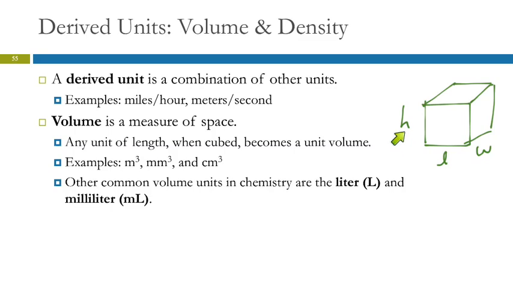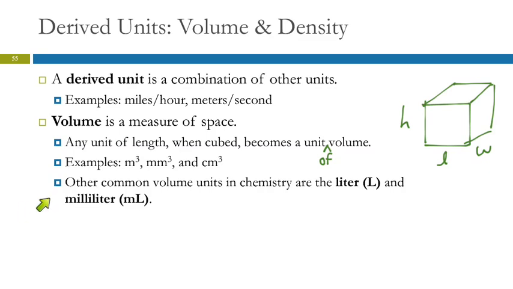Well, if we measure this height in meters and the length in meters and the width in meters and we multiply them, we get meters cubed as the unit. So any unit of length cubed is going to be a volume unit. Okay? So that's a derived unit.